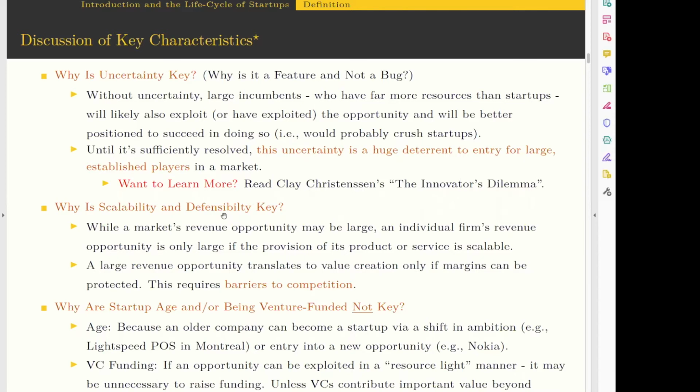It's really a well-done book that talks about that kind of reluctance to do extreme innovations on the part of incumbents. Scalability and defensibility are pretty obvious, right? Without defensibility, you'll never make the positive goodies you need to offset the losses early on. And scalability is necessary, because without scalability, you can't ever reach your potential anyway.